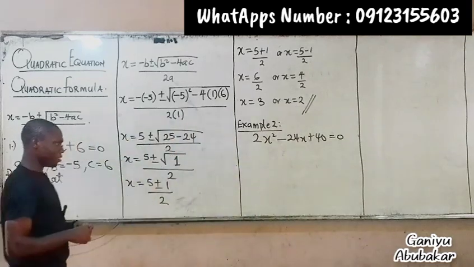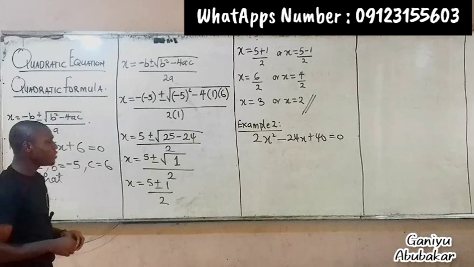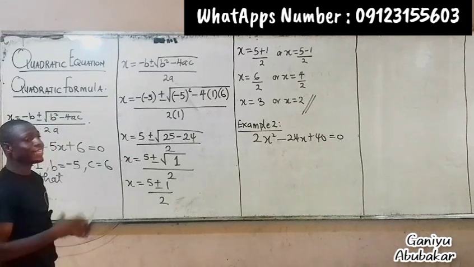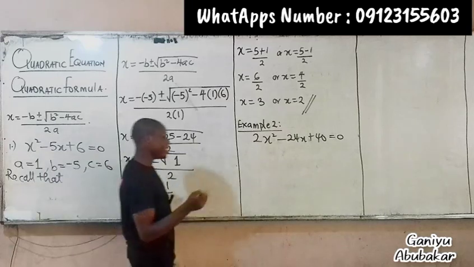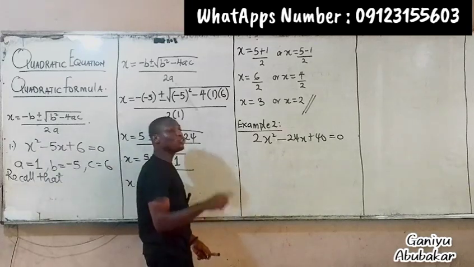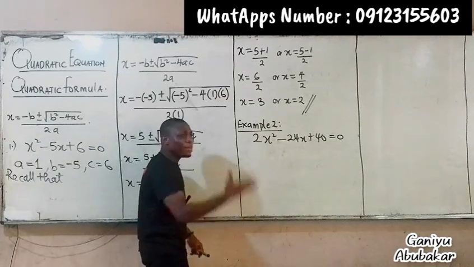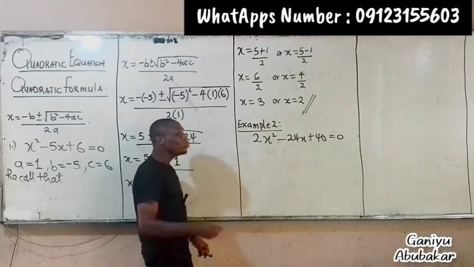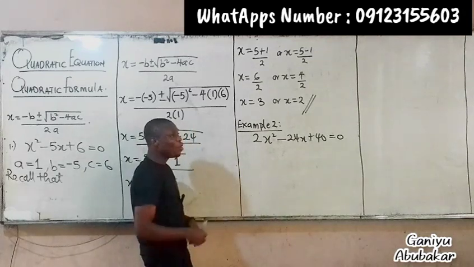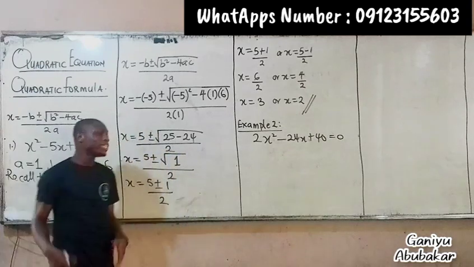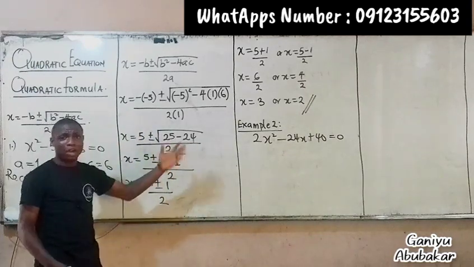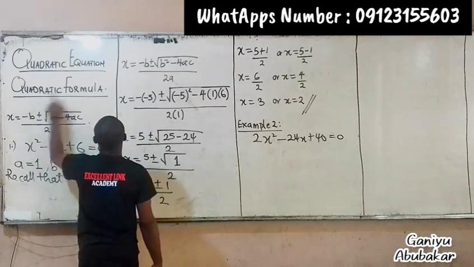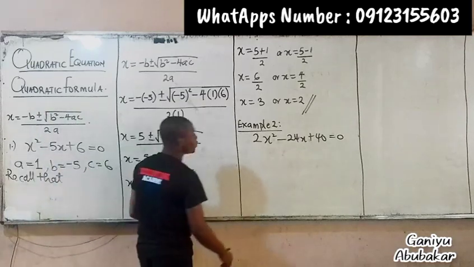First, we need to get A, B, and C. If you are asked to use the formula method, you need to get A, B, and C. But if you are asked to use other methods, you don't need A, B, and C. Apply the procedure. For this one now, we're going to use the quadratic formula, hence we need to know A, B, and C.